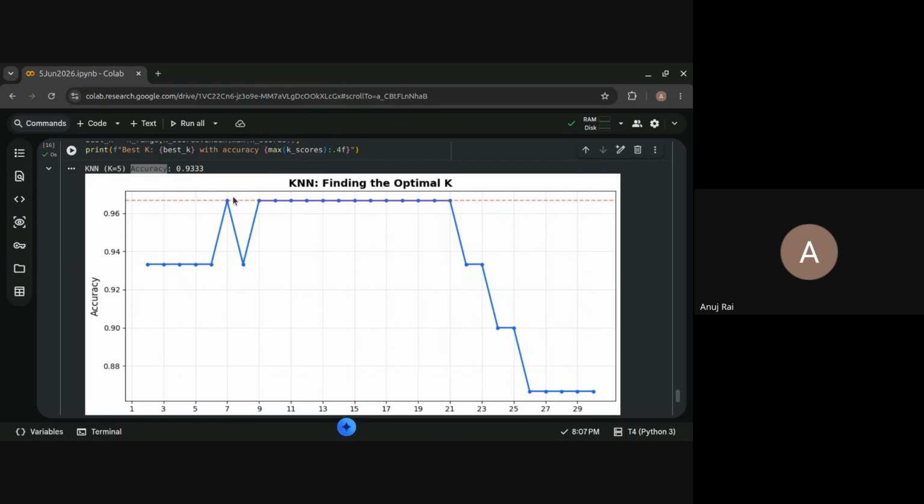So you can go for n equals 7 or maybe 9, but after that it remains constant and then falls down. So either you select 7 or 9 to keep your k-neighbor classifier as the optimal one.